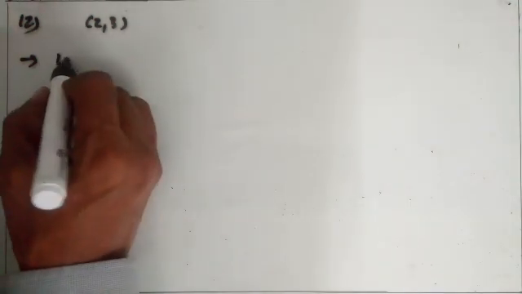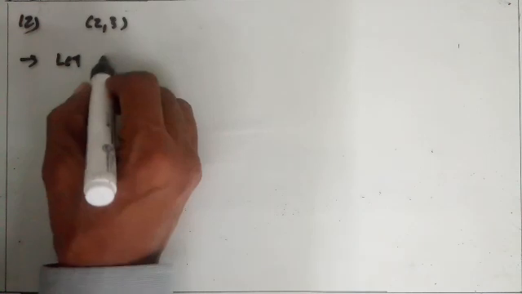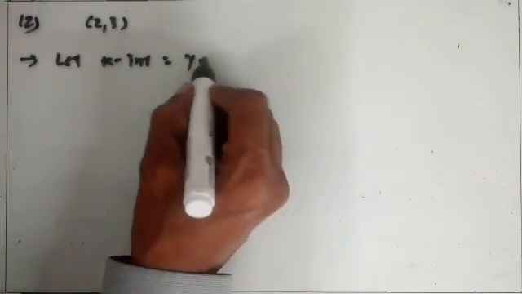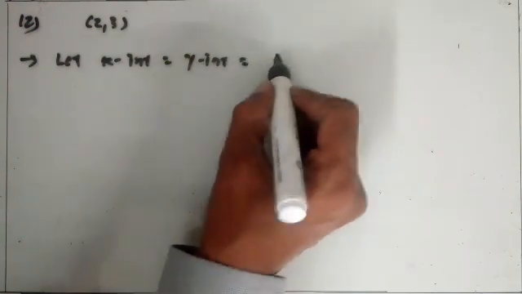Here the line passes through (2, 3), and it is given that both intercepts are equal, that is, equal intercepts on the axes. So first, suppose the x-intercept is equal to the y-intercept, say a.